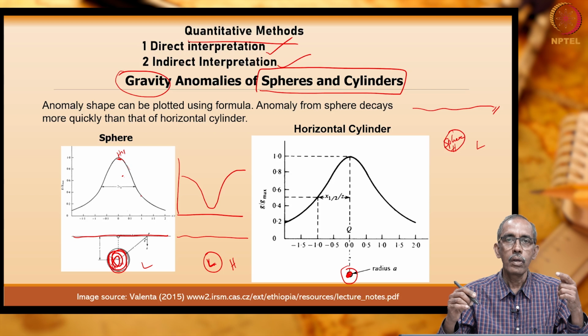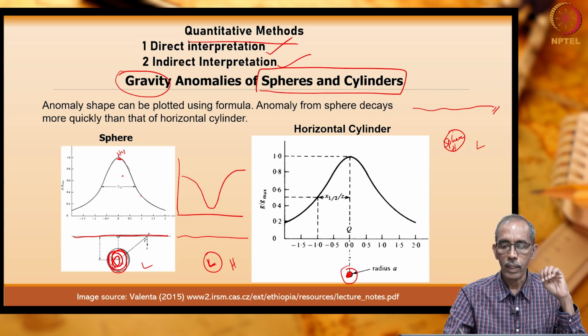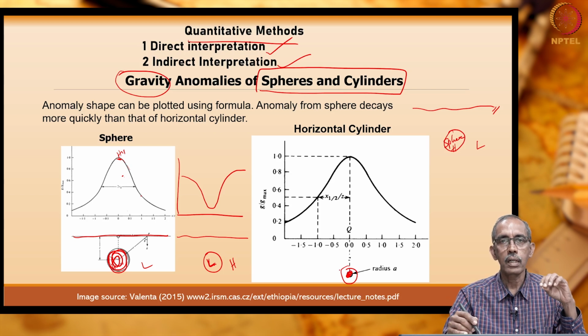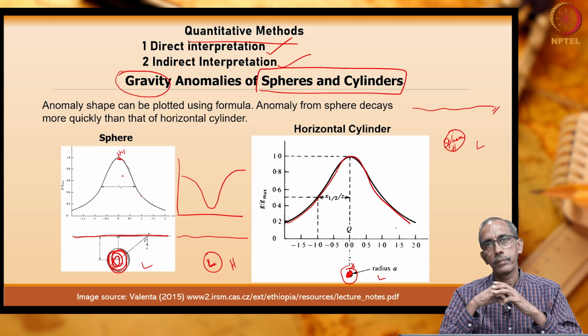We can either do absolute gravity measurements or relative gravity measurements, which we have seen already. So, what will be the effect of the presence of a horizontal cylinder of higher density compared to surroundings? Surrounding is low, the body has got high density. The anomaly will be more or less similar to a sphere.